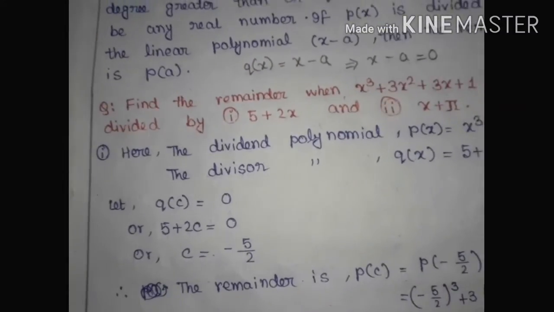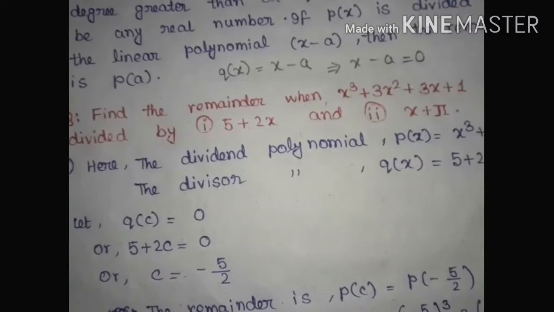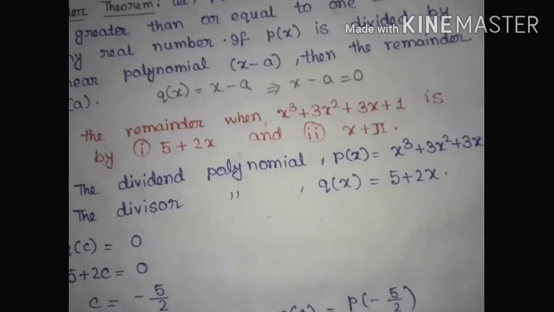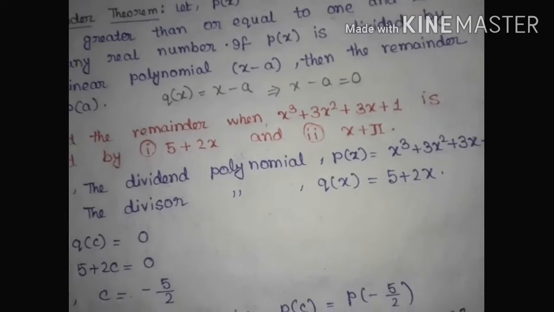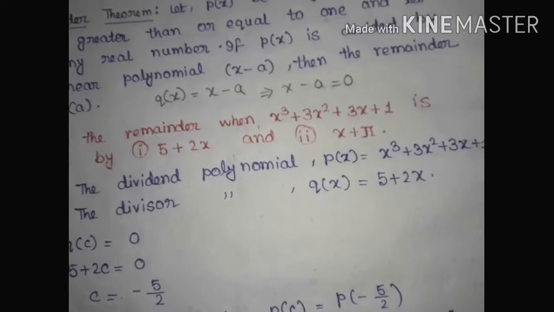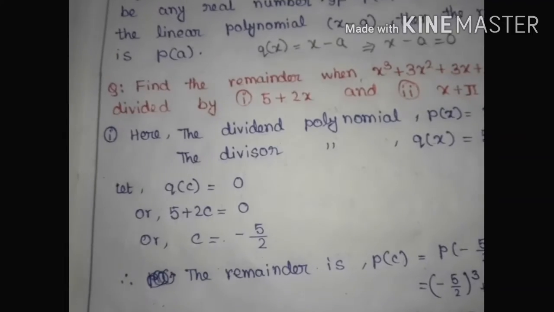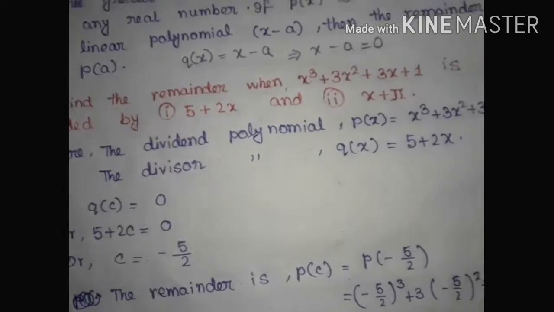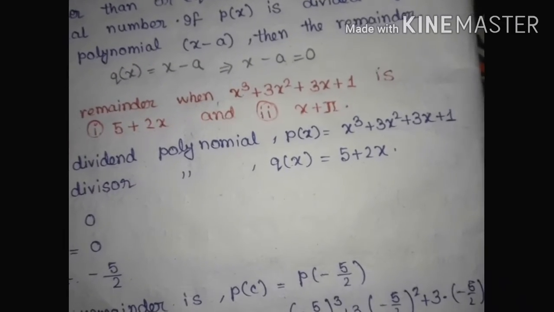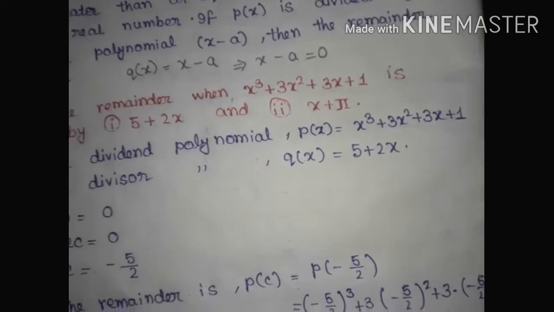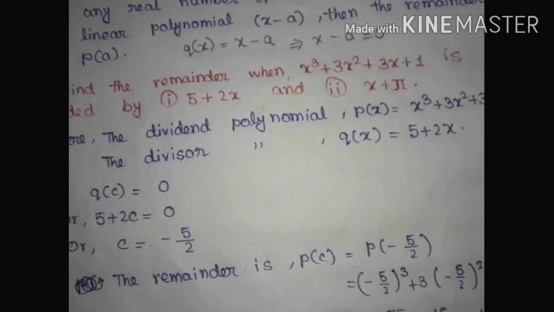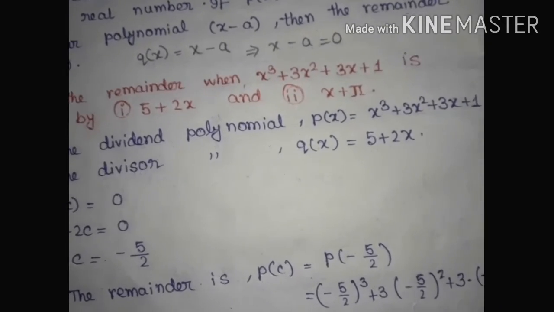Now let us take the last example of today's class. Find the remainder when x cube plus 3x square plus 3x plus 1 is divided by 5 plus 2x. Here the dividend polynomial is Px equals x cube plus 3x square plus 3x plus 1, and the divisor polynomial is qx equals 5 plus 2x.